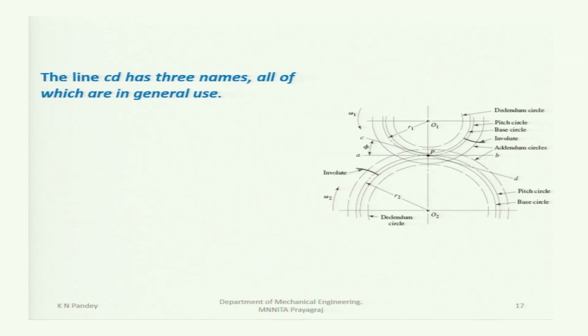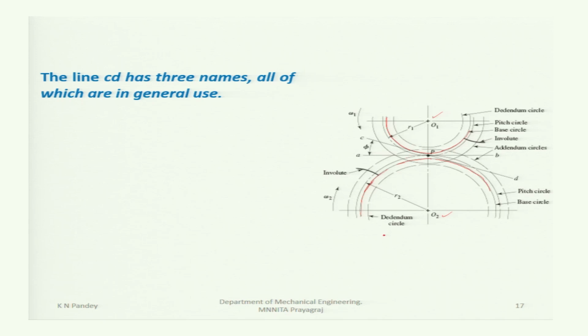Now, once you have drawn this CD line, draw a circle tangent to CD with center O1, and similarly a circle tangent to CD with center O2. Those circles will be the base circles. Okay.